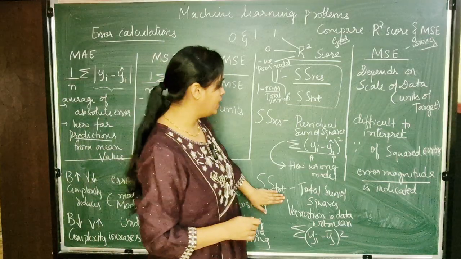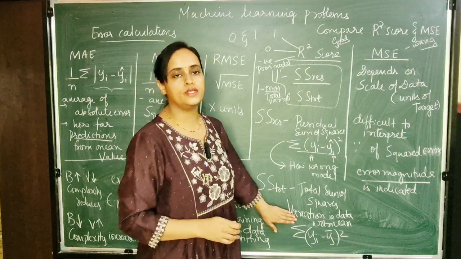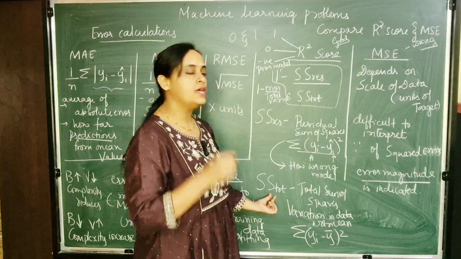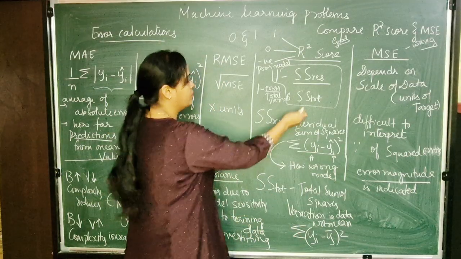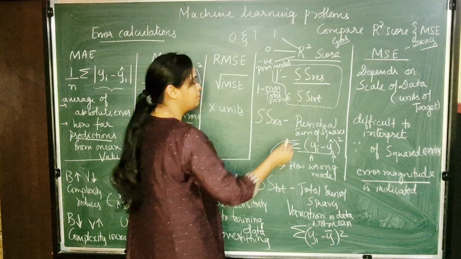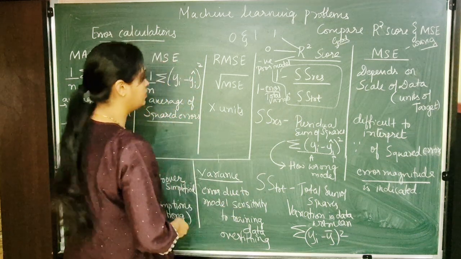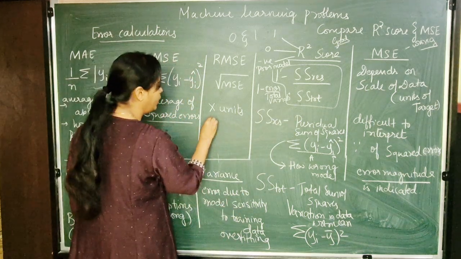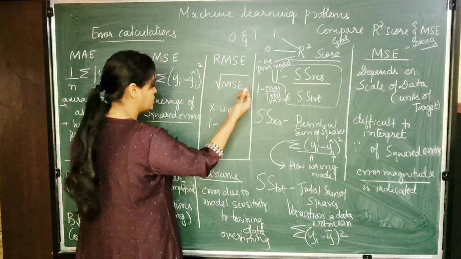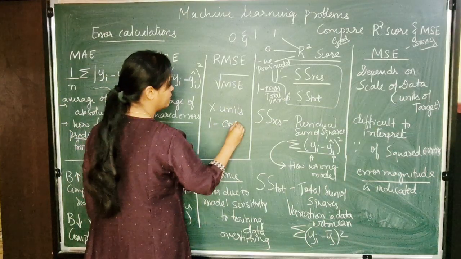So the total variation in data with respect to mean is indicated by SS total. So instead of writing SS total, we can write 1 minus error divided by total variation. So let me write this here neatly. So the R square score can also be written like this.